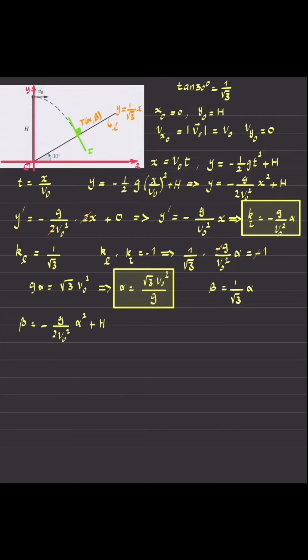Now instead of this beta, I put this expression, so it becomes 1 over square root of 3 alpha equals minus g over 2v naught squared alpha squared plus h.